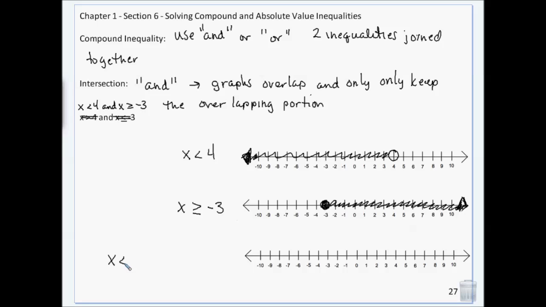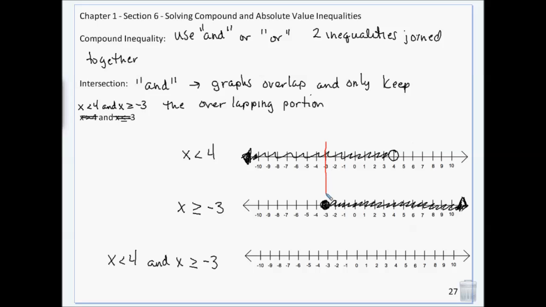Now when I do a compound inequality and it's an intersection, so it's an and, I'm only graphing the overlapping portions.